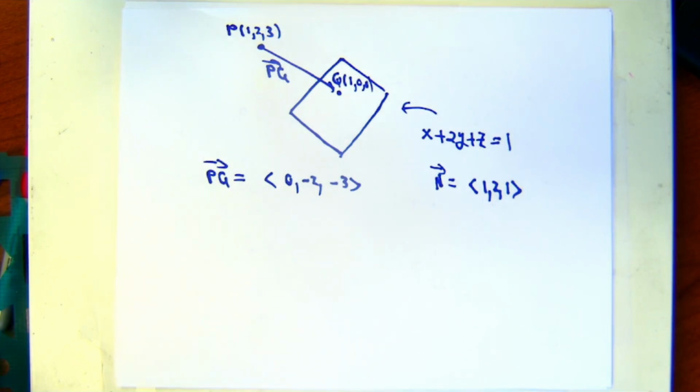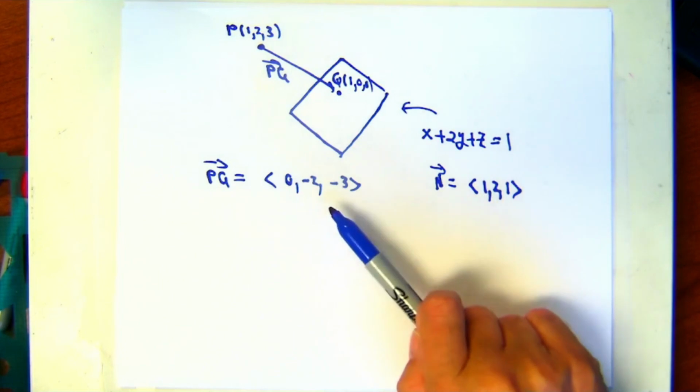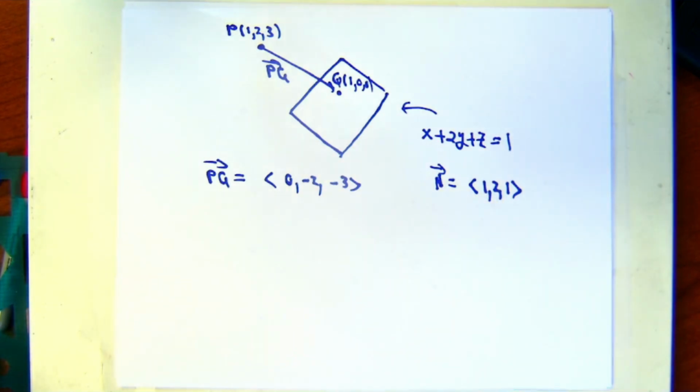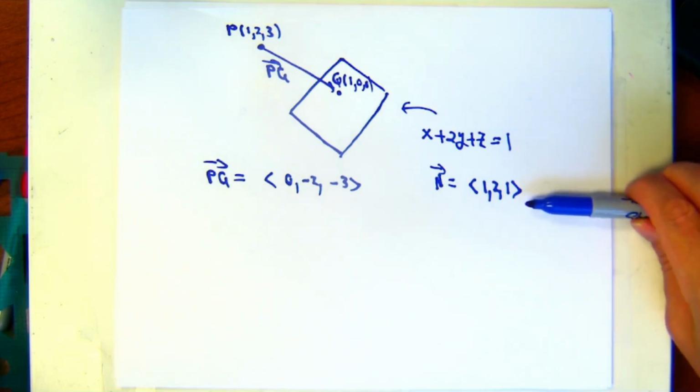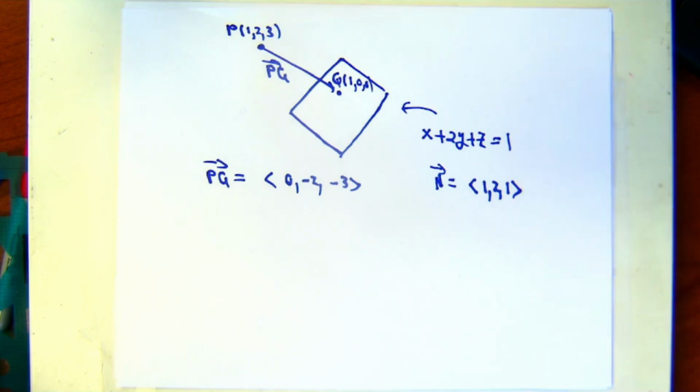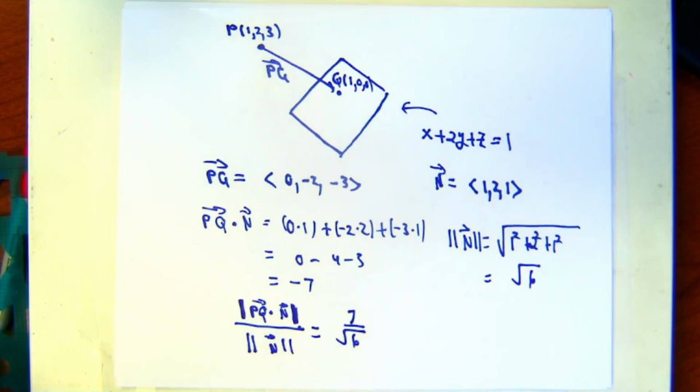I need to know the dot product of those two things so that I can take the absolute value of it and stick it on the top of the fraction. Then I only need to know the length of the n vector, and I'll have my answer. The perpendicular distance is 7 divided by radical 6. We could rationalize the denominator or write it in decimal, but by this stage of the game, that's just cosmetic. There's your perpendicular distance.